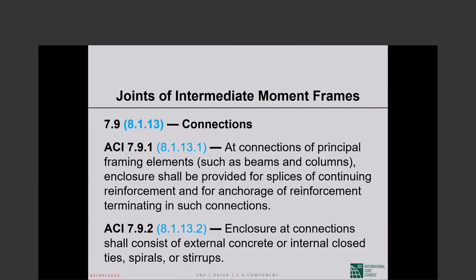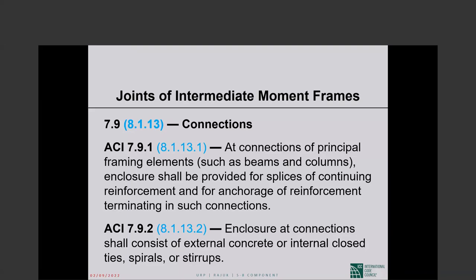At connections of principal framing elements such as beams and columns, enclosure shall be provided for splices of continuing reinforcement and for anchorage of reinforcement terminating in such connections. Okay, anchors have to be enclosed.